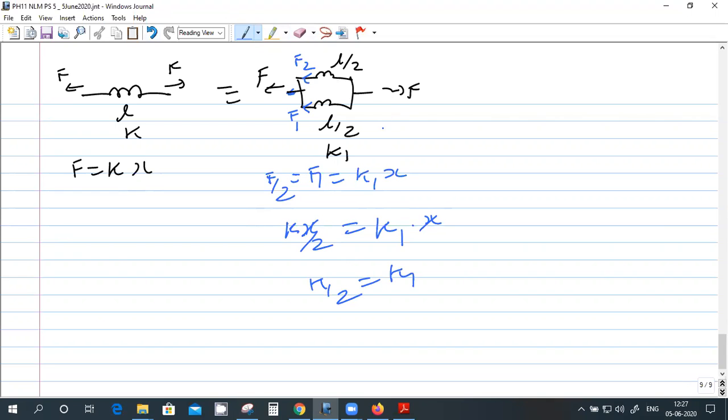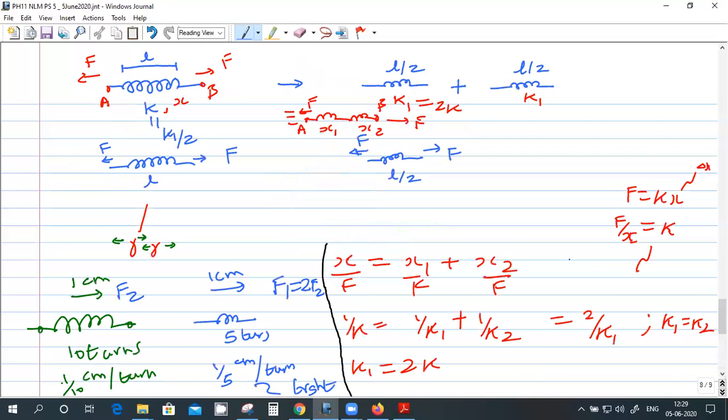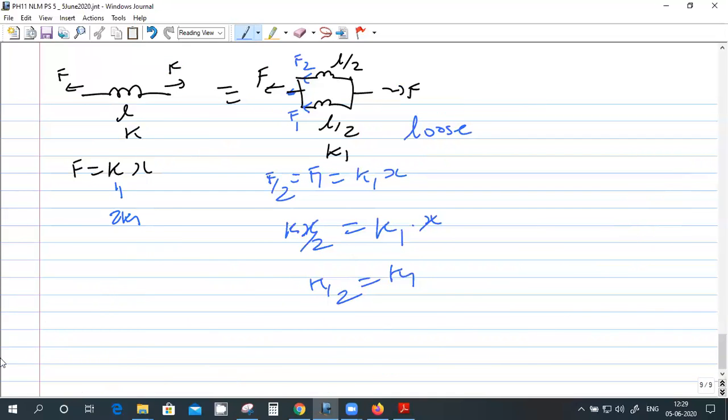So when you connect in parallel, this is a loose spring. Okay, right. So when I connect two springs in series, the spring constant is decreasing. When I connect in parallel, the spring constant is increasing.